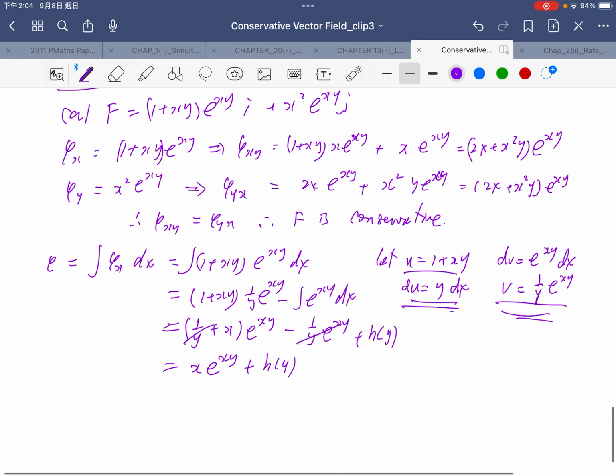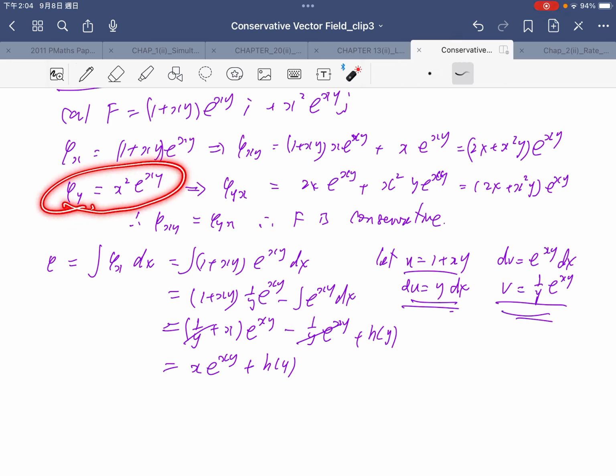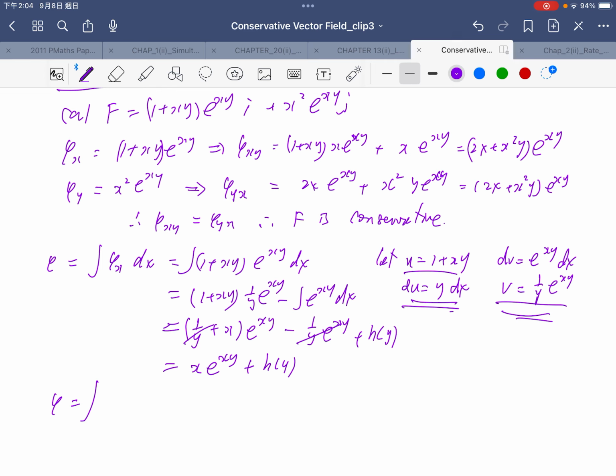Okay, the second step is we have to find h(y), and therefore we have to integrate phi_y with respect to y also. Therefore, phi can be calculated by integrating the second part of the vector field with respect to y.